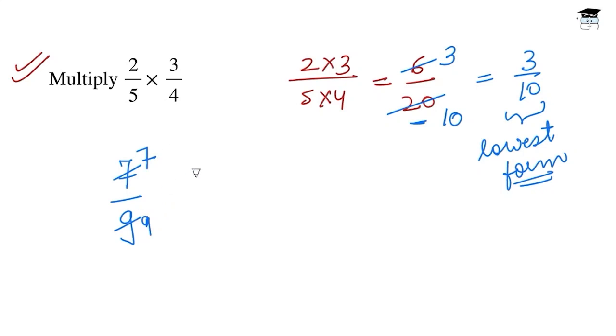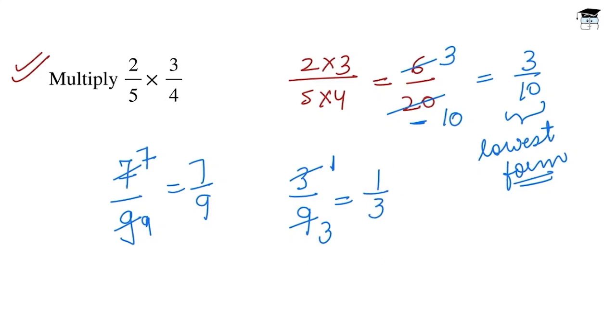So it will be 7 by 9 only. Okay. So now think and write down if this number is in the lowest form. No, this number is not in the lowest form because both these numbers are divisible by 3. So 3 ones are 3 and 3 threes are 9. So it's going to be 1 by 3.